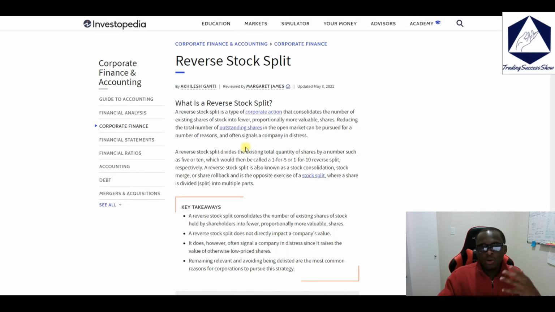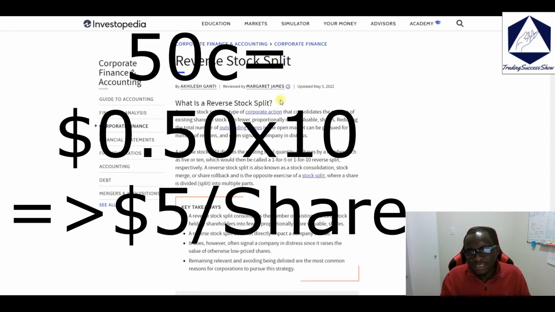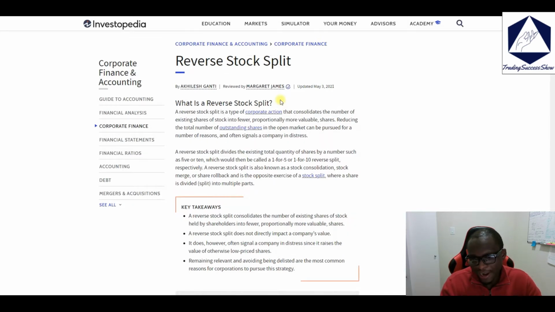It can be pursued for a number of reasons, and often signals a company in distress. Take for example a little stock that is 50 cents. They decide to do a reverse split of 1 for 10. Then that 50 cents, you multiply by 10, and it will get you where you need to be, right?